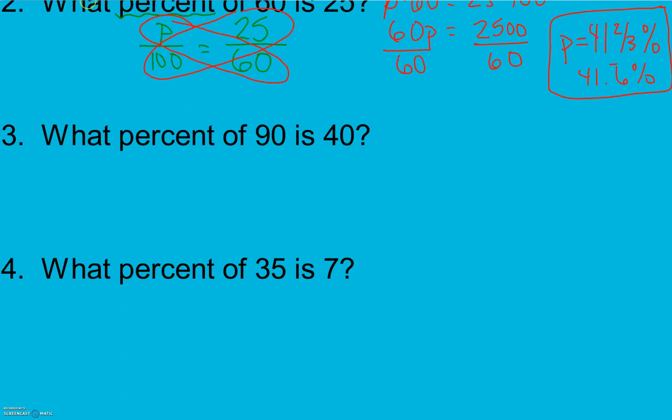What percent of 90 is 40? We're looking again for percent, so P over 100. Of 90, that means 90 is our base. And we want to know, is 40. So 40 is what part? So 40 out of 90 gives us what percent?